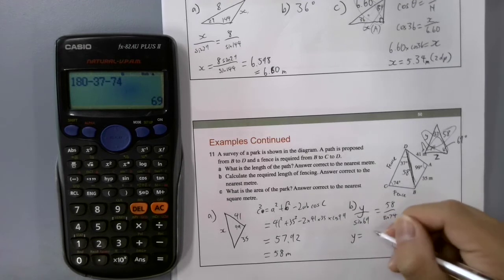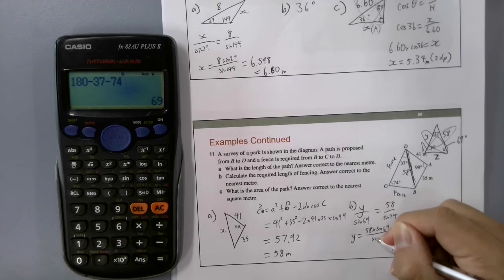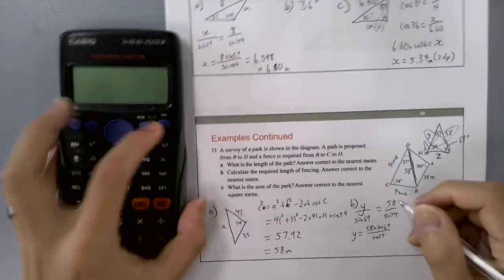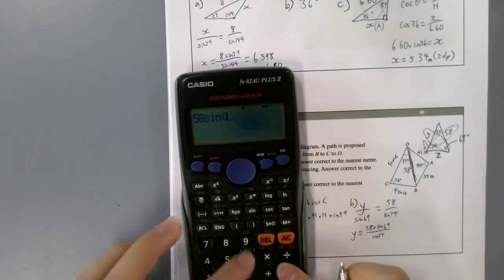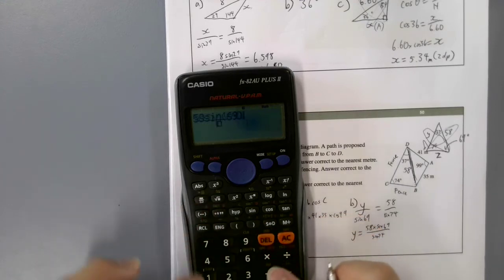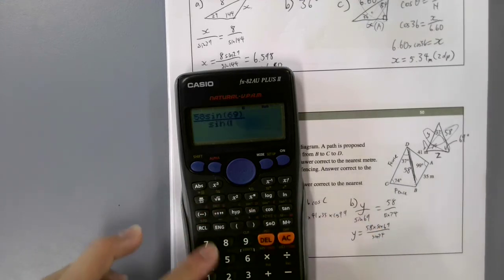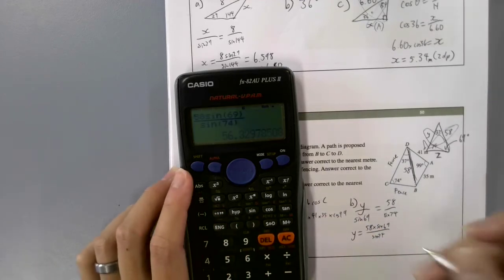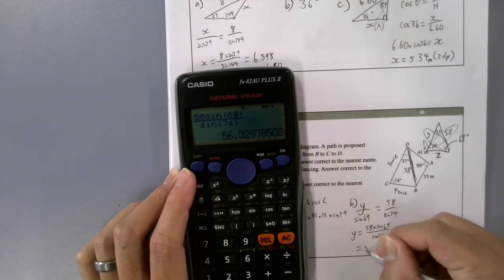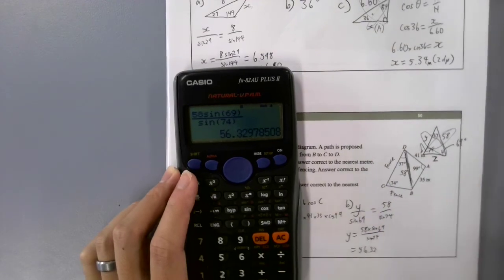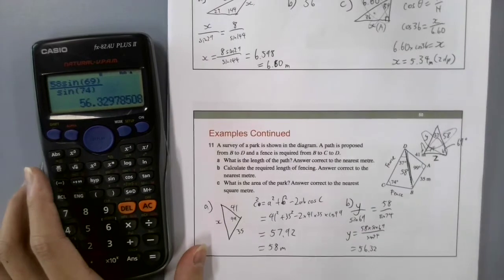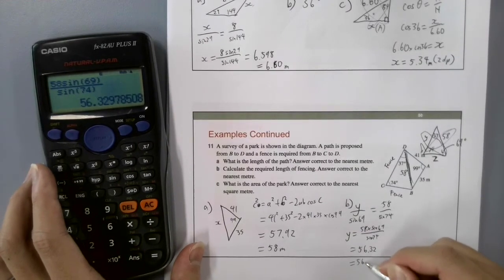And I can just type this into my calculator: 58 times sine 69 over sine 74. Close the brackets. Equals 56.32. Before, they said to the nearest meter, so I can just write 56 meters.